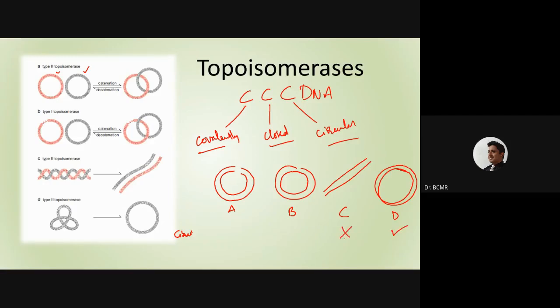C is not circular. Is B circular? At least you can type if you don't want to say it. Is B circular or not? B is circular. And is A circular?